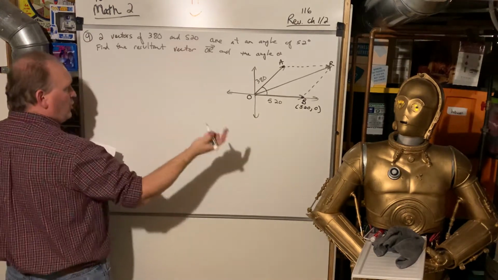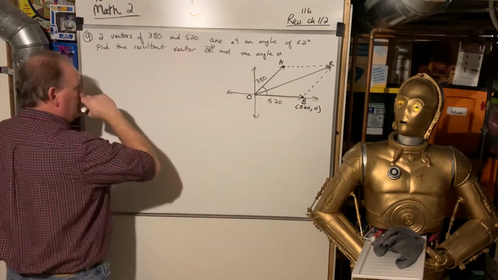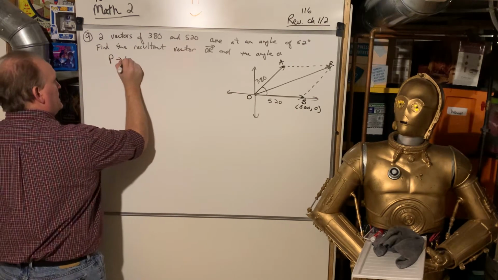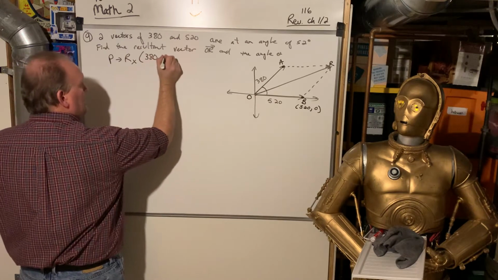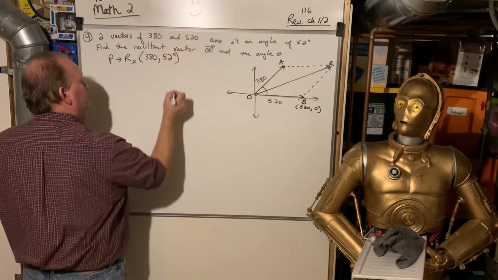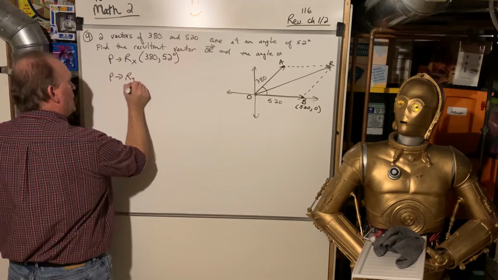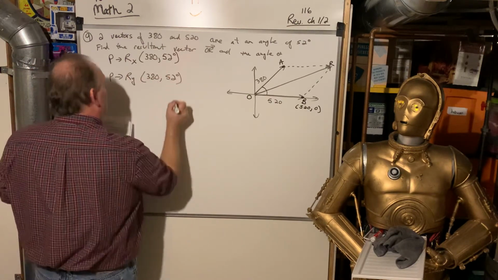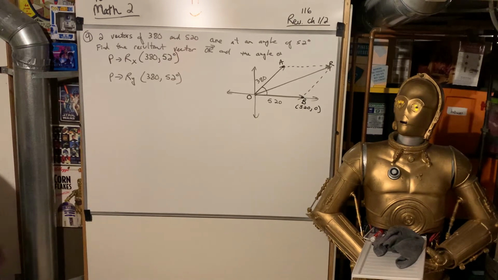We have a polar coordinate, 380 units, 52 degrees, so we want to go from polar to rectangular X of 380, 52 degrees, and polar to rectangular Y of 380, 52 degrees. Let's find those two answers, and I'll show you on the calculator how to do that.